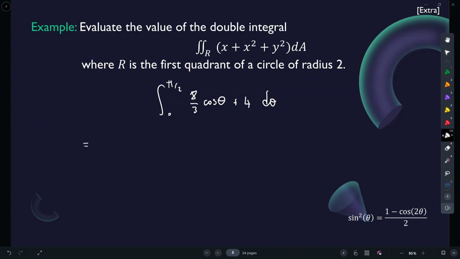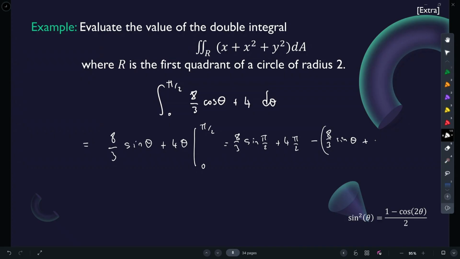The integral of cosine is sine, so this is 8/3 of sine theta plus 4 theta between 0 and pi over 2. And then I evaluate: this will be 8/3 sine of pi over 2 plus 4 pi over 2, minus 8/3 sine of 0 plus 4 times 0.